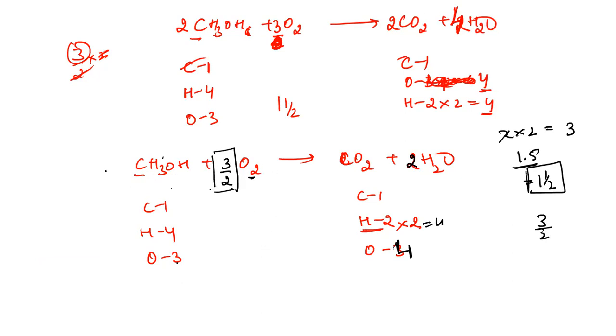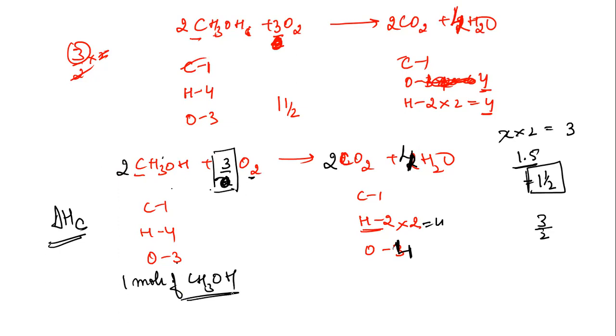So what I did, I multiplied the whole equation by 2. If I multiply the whole equation by 2, it will be twice CH3OH, 3 O2, twice CO2, and 4 H2O. I hope that is clear now? But whenever we are talking about delta H combustion, we are talking about 1 mole of CH3OH, 1 mole of methanol.